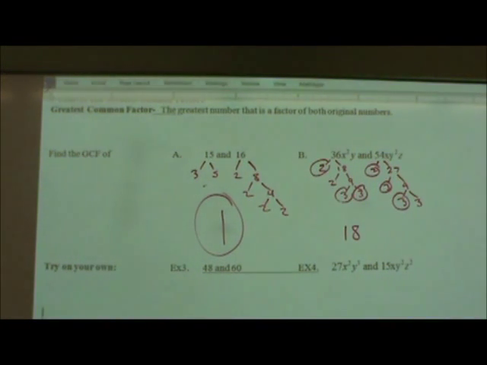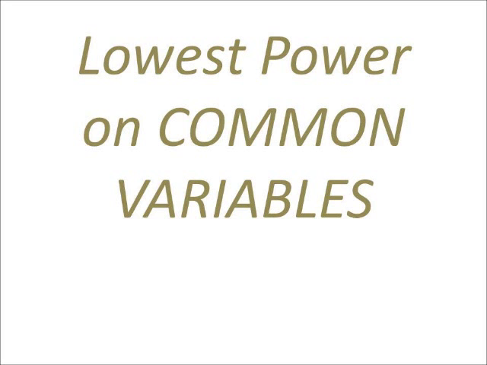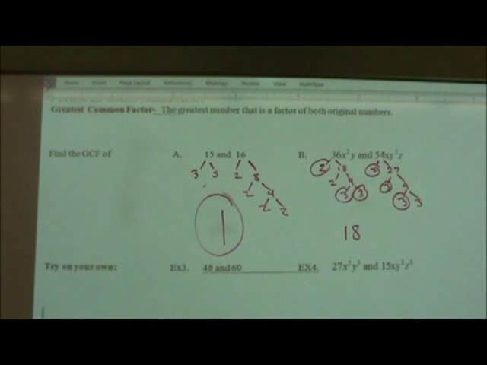Now, we look at the variables. The rule with the variables is that you take the lowest power of common variables. So you look at the letters and you say, well, what letters do they have in common?